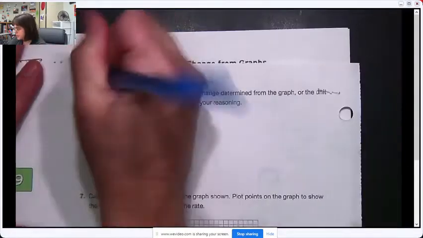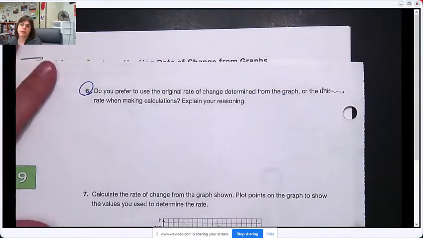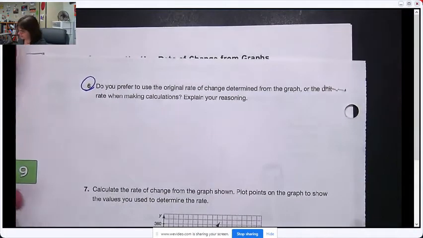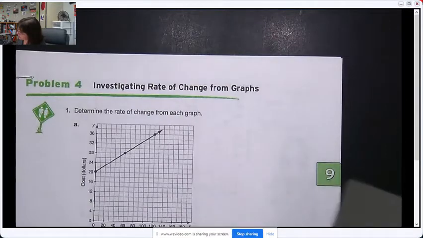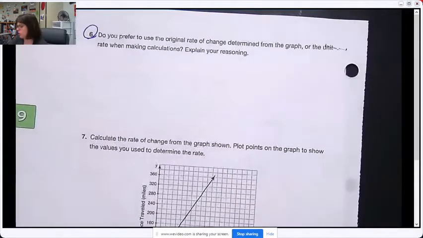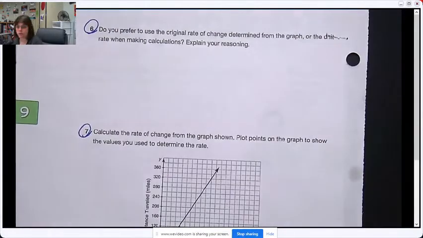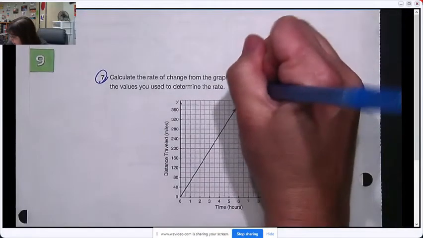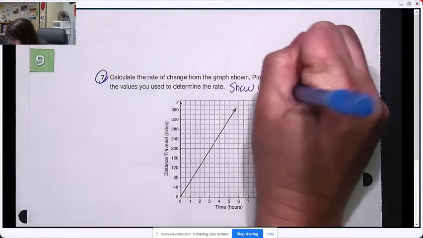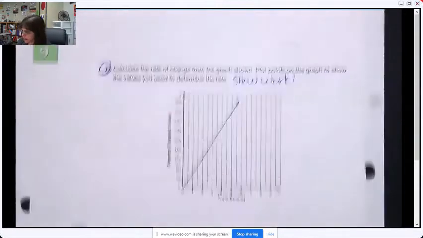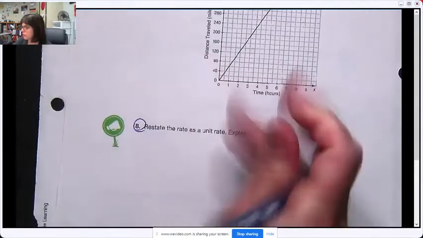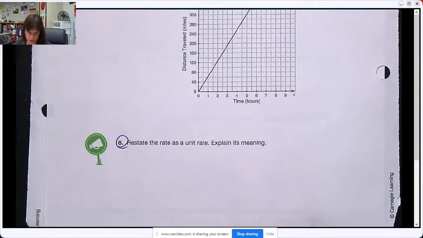And then number 6 says, do you prefer the original rate of change or unit rate? Okay. And then one more unit rate practice. See if you can find the rate of change from that graph. Make sure you show your work by drawing in your book, okay? And then divide it out. What is your unit rate on number 7, okay?